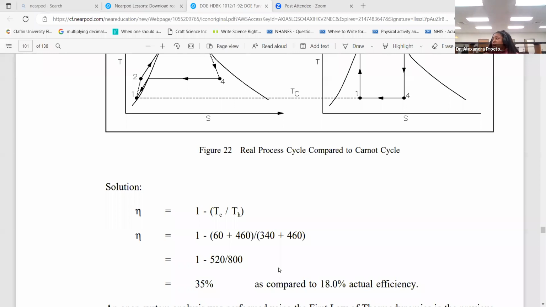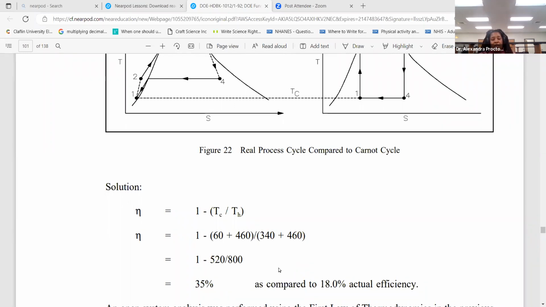understand that efficiency is equal to 1 minus TC over TH. So they went ahead and plugged in. For these problems, the temperatures have to be in degrees Rankine. So of course you have to convert each of the temperatures by adding 460 to them. So 1 minus 60 plus 460, so they're converting the temperature into Rankine, divided by 340 plus 460.